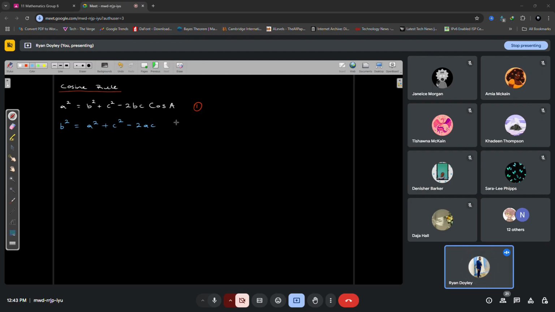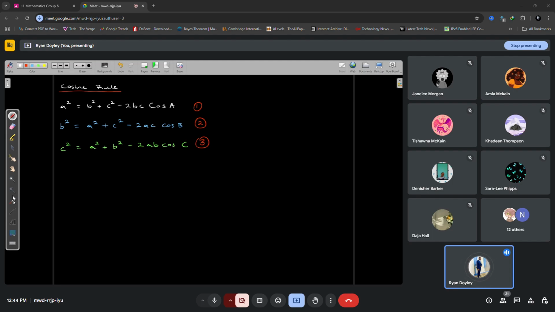And we're going to see how these different variations work. And the third one would be c squared is equal to a squared plus b squared minus 2ab cos C. So that's the third variation.